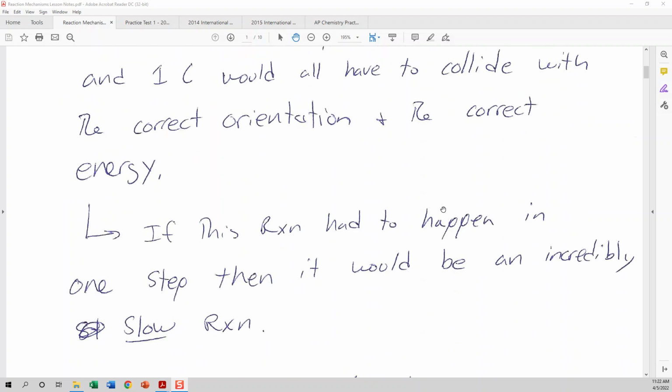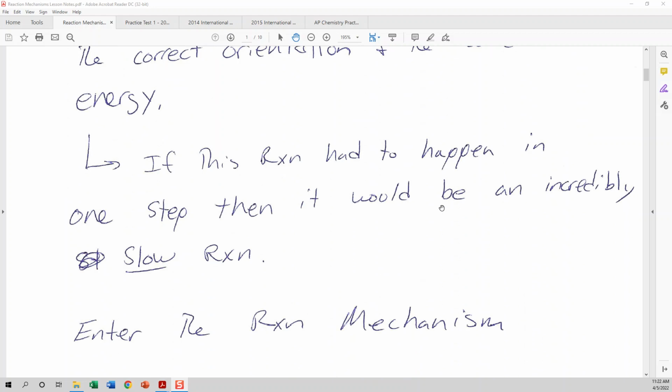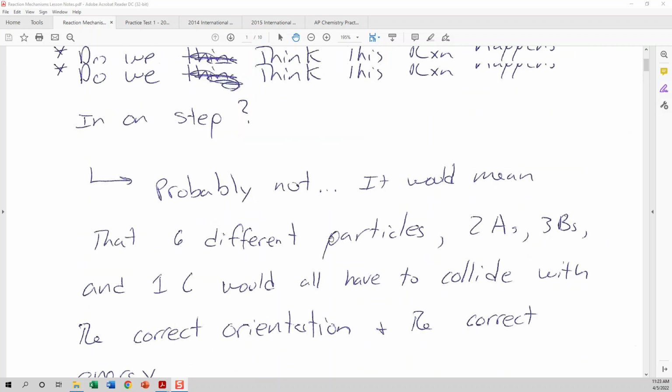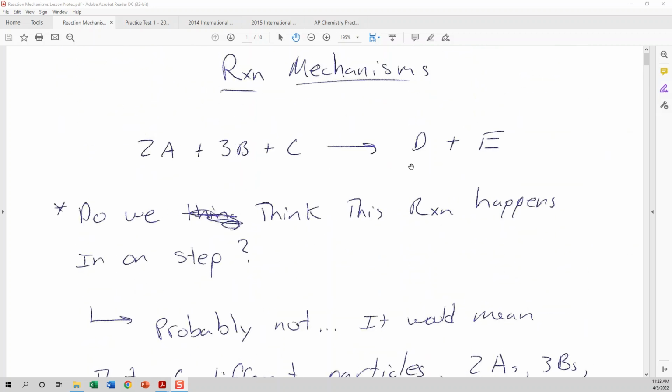So reactions tend to happen in multiple steps, and the outline of each step is what a reaction mechanism is. A balanced chemical equation tells us the stoichiometric ratios between everything.